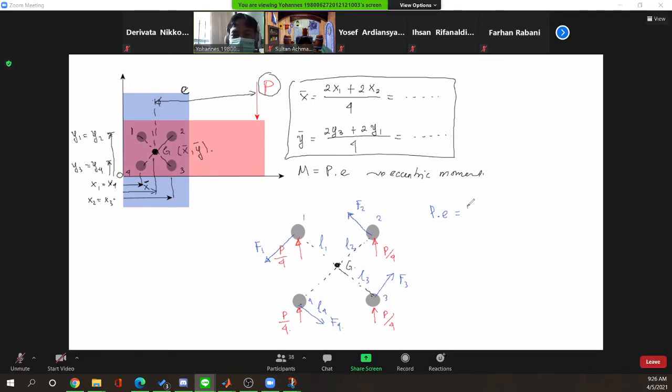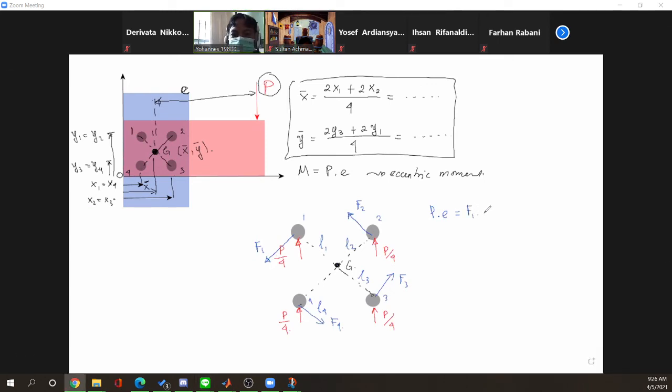So here we have F1 times the distance from the center of gravity, and F2 also, F3 and F4. Okay, must be unequal.